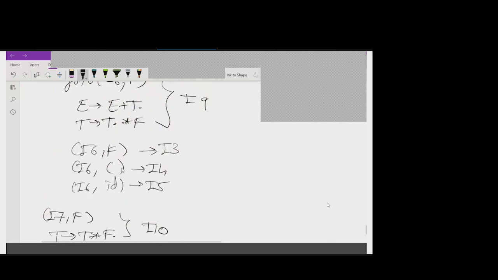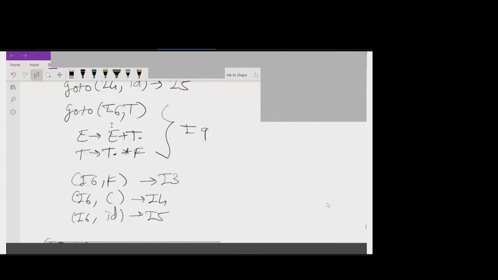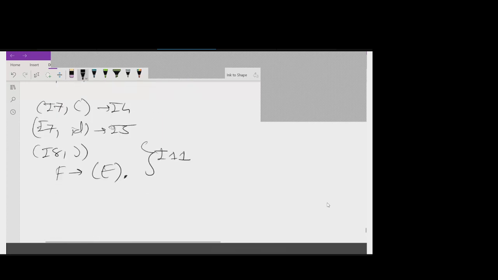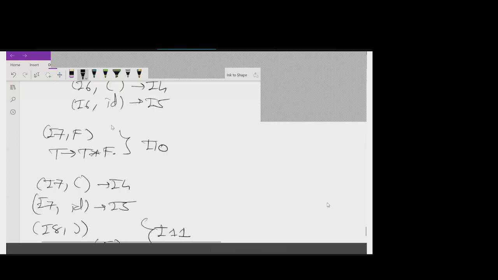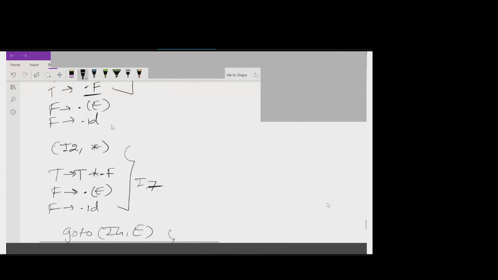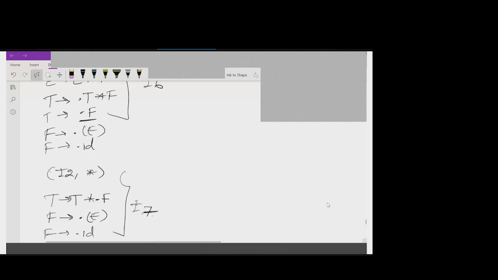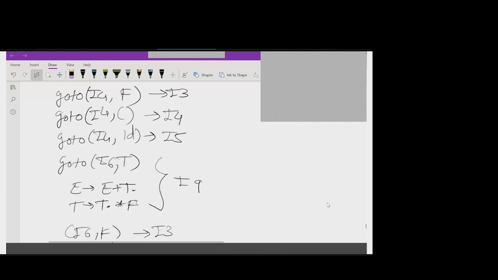And the last is what? So if you'll see, then I8 comma plus. So I8 comma plus will be same as I6, right? When you do plus, then it will be same as I6. So here you are going to write I6.